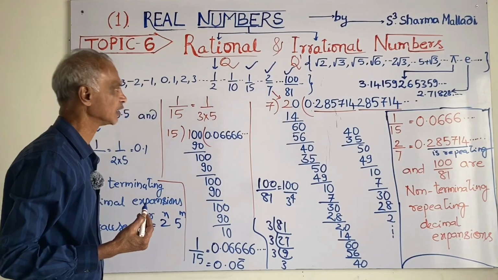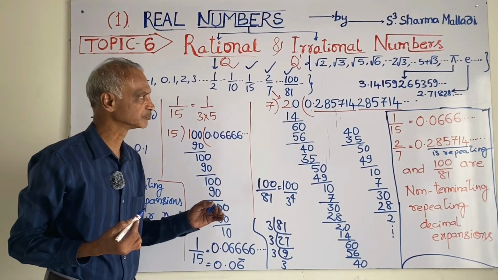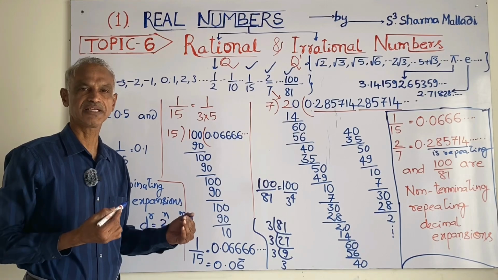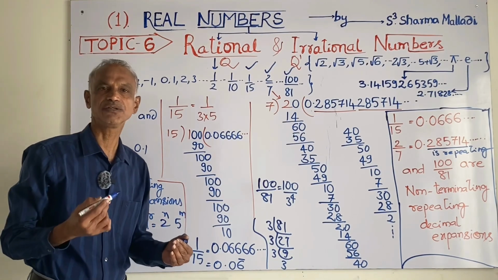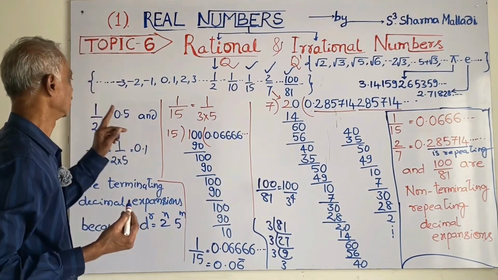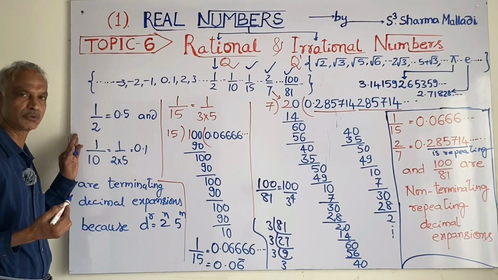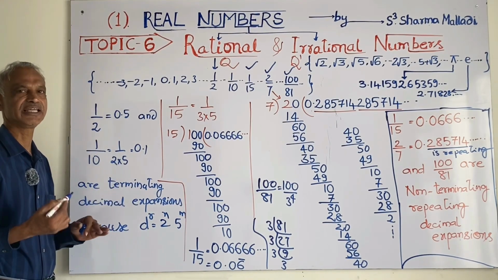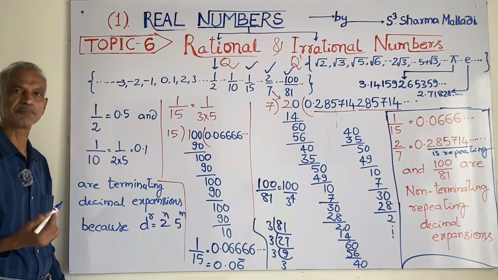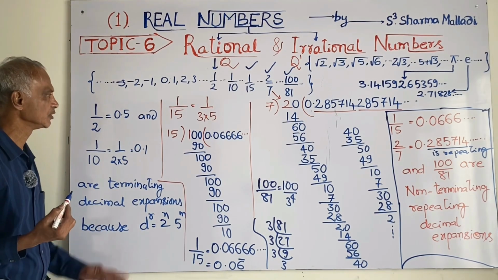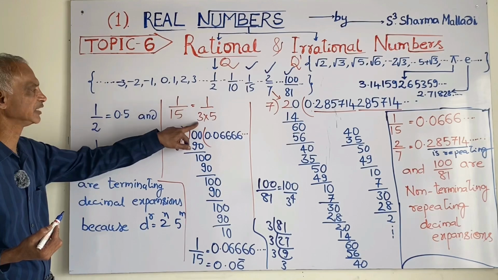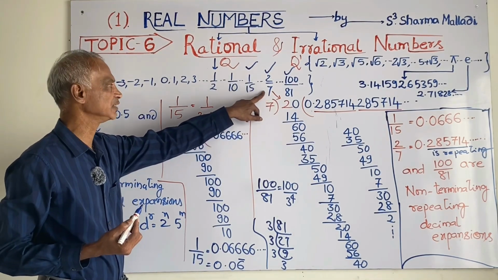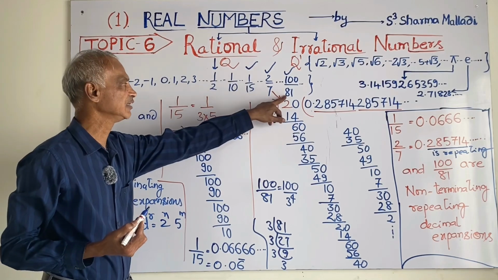Now, see, I will tell you one technique, how to identify terminating and non-terminating. If 2 or 5 is not there, if 2 and 5 are not there, then it is non-terminating repeating decimal expansion. You observe in 15 you have 3. You see 2 by 7, in the denominator you have 7.